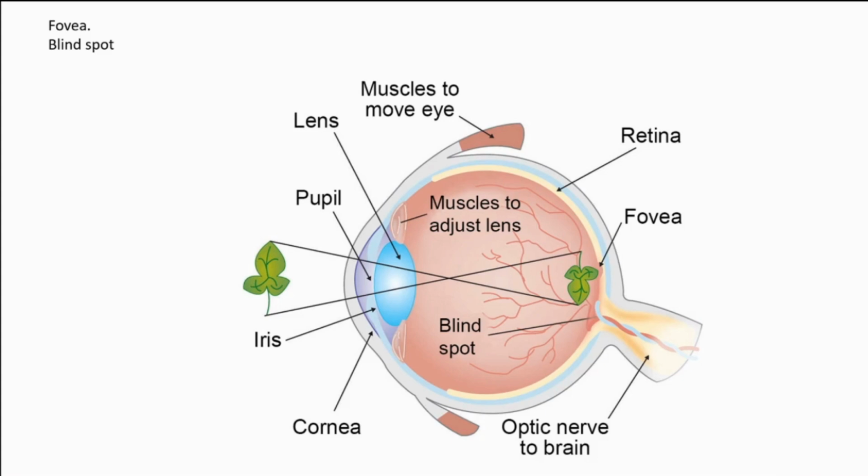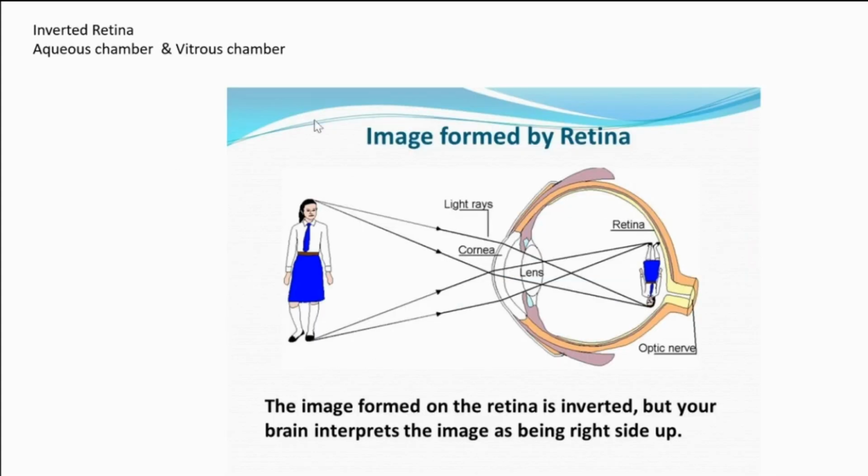The brain actually interprets and corrects that image back to the real image. Here we can see the inverted retina. The image of this girl is formed in inverted form in the retina, and this inverted image is corrected after reaching the brain.